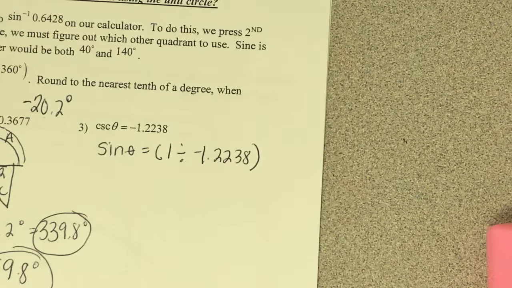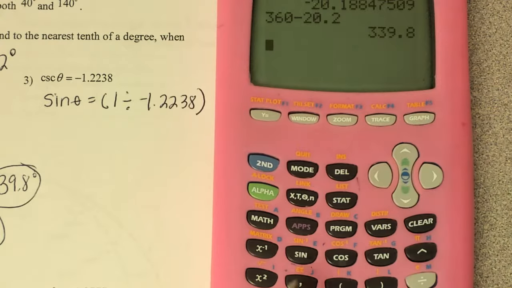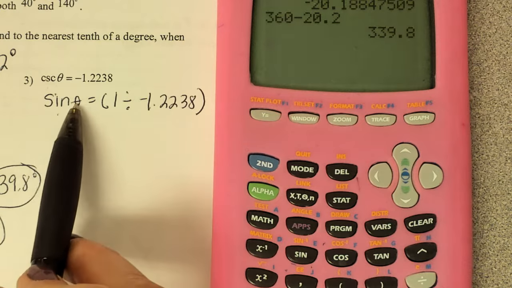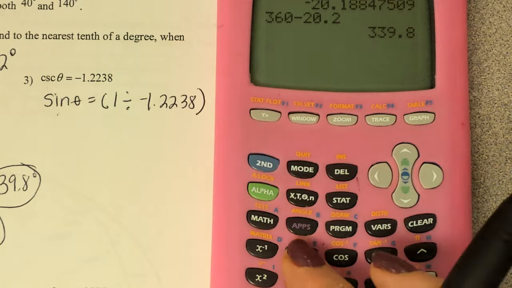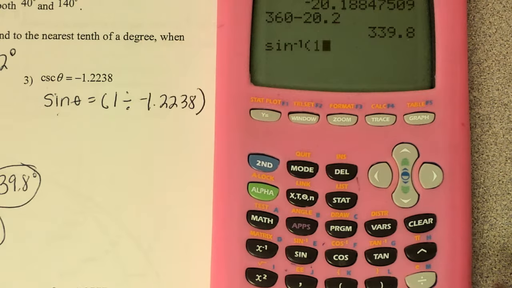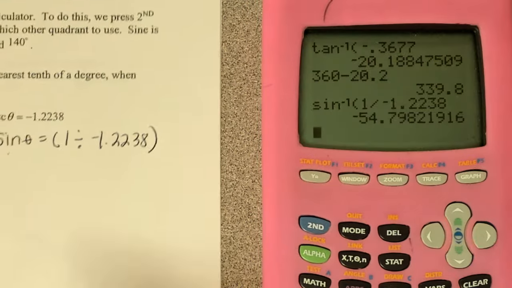And the reason I have to do that is because there is no cosecant button on here. So I'm going to have to find this angle by doing second sine of 1 divided by negative 1.2238. And it gives me this answer.